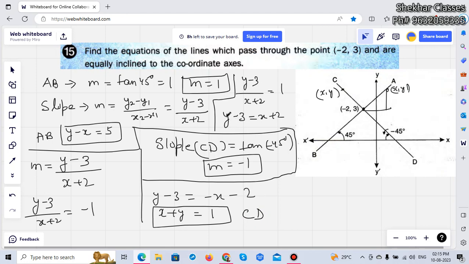For the first equation that we made, that was AB: y minus x is equal to 5, and the other one is x plus y is equal to 1. So we have got the two equations of the lines. This is for AB, this is for CD, and that is what the question was, and this is how we have to solve it.